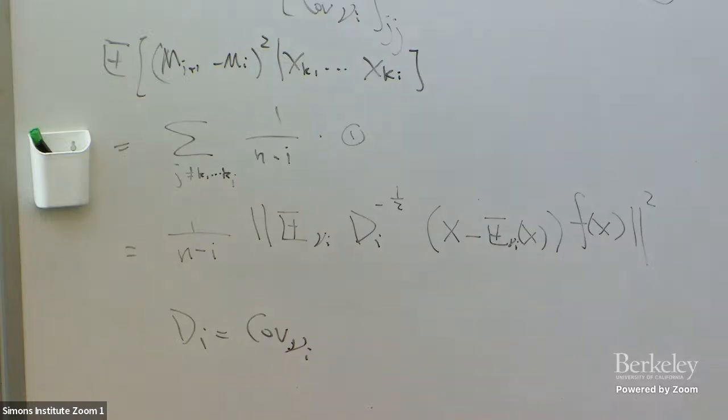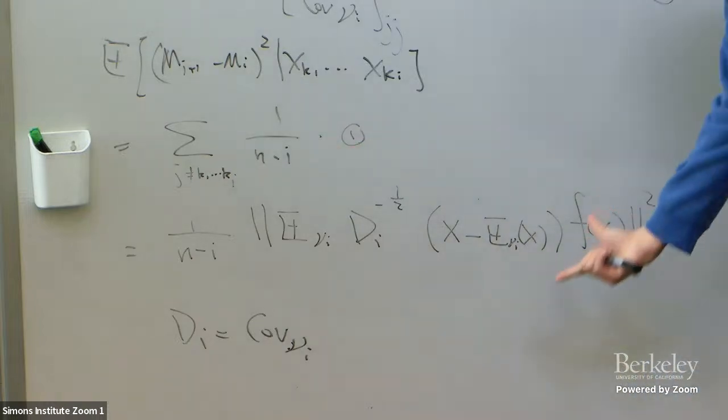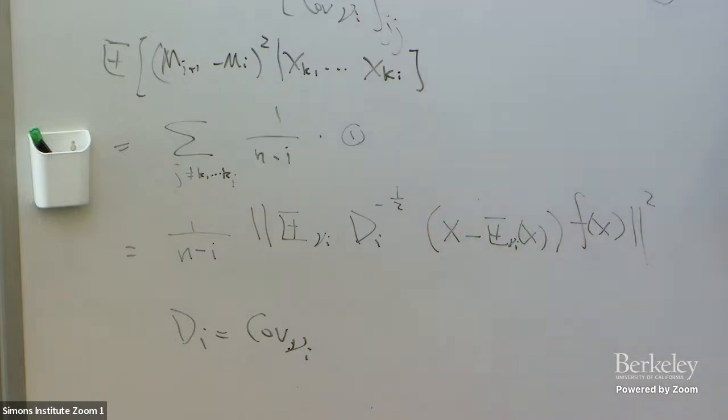Now you can see that we want to bound this quantity using yi. If you square this thing, you will get the variance of yi. So all you need here is a Cauchy-Schwarz type of inequality.